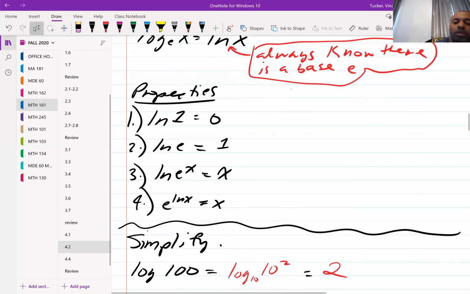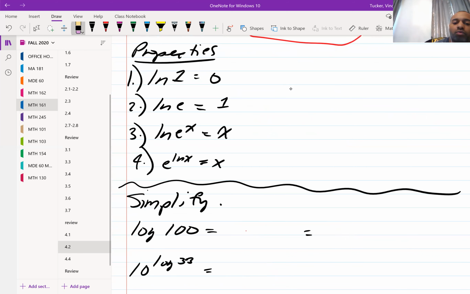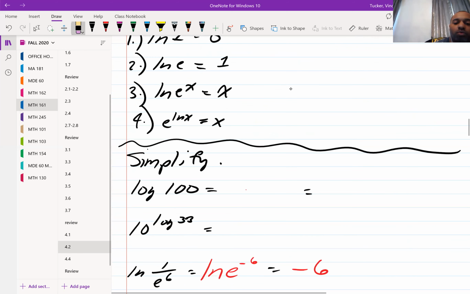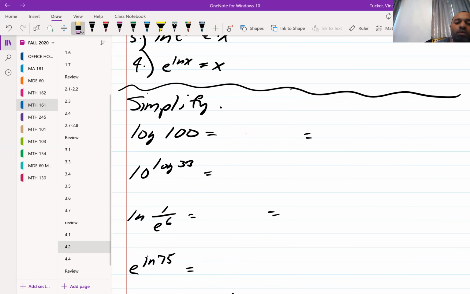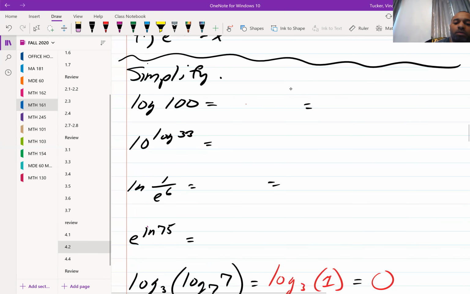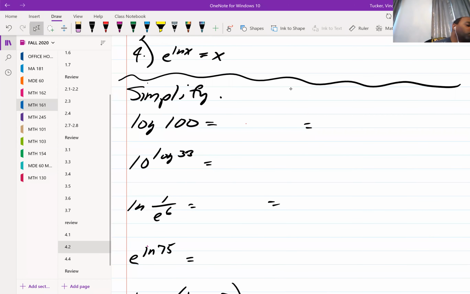All right. Let me erase some of this stuff so we can walk through it. All right, so we have log of 100.